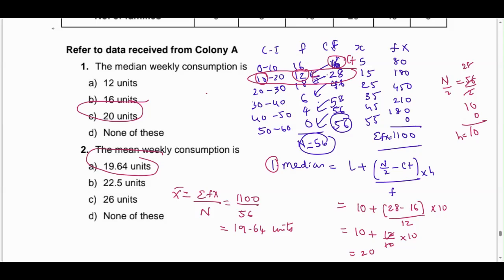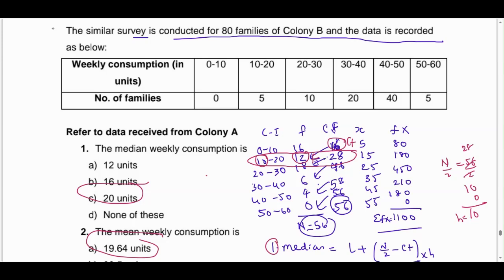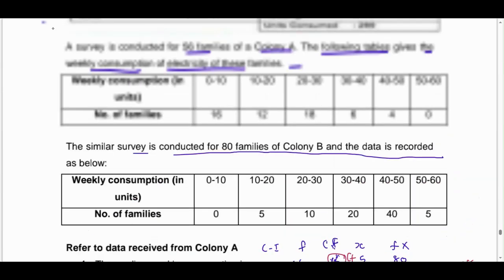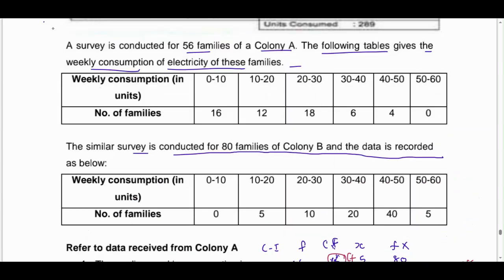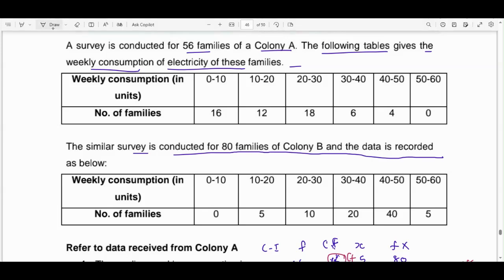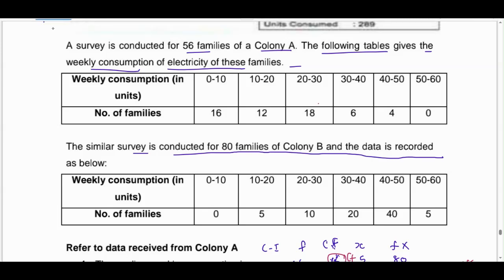Where is the highest frequency according to this? We are doing it for A. What is the highest frequency for A? The highest frequency for A is 18, so the modal class will be 20 to 30. For the second one, the highest frequency is 40, so the modal class will be 40 to 50.